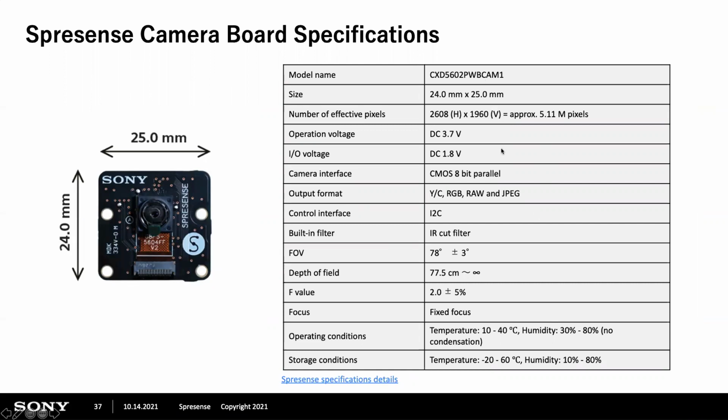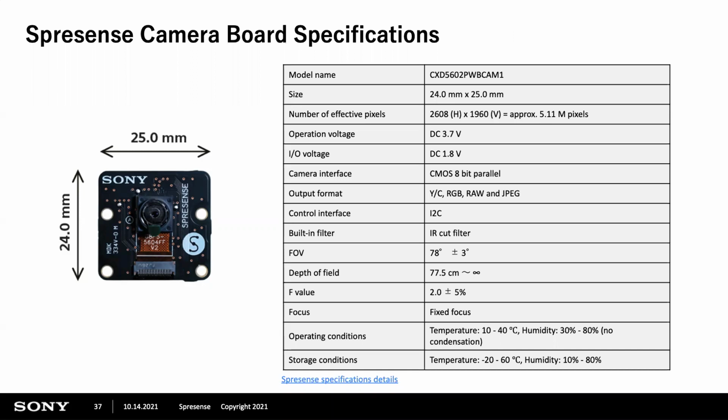But you asked about the interface. It's a CMOS 8-bit parallel. Did I answer all of the question? And what is the image resolution? That was the other part of the question. So the size, basically, is the number of effective pixels that you can get.